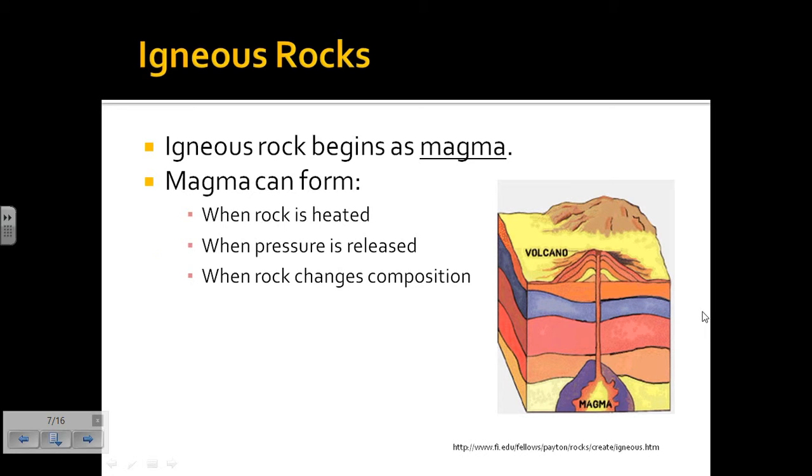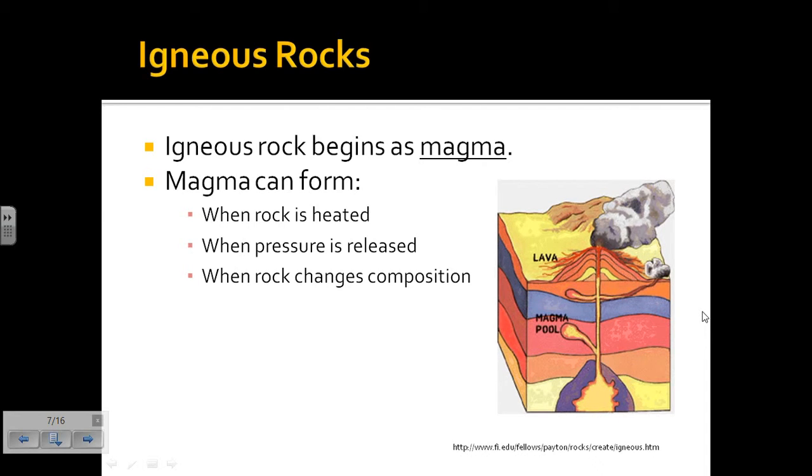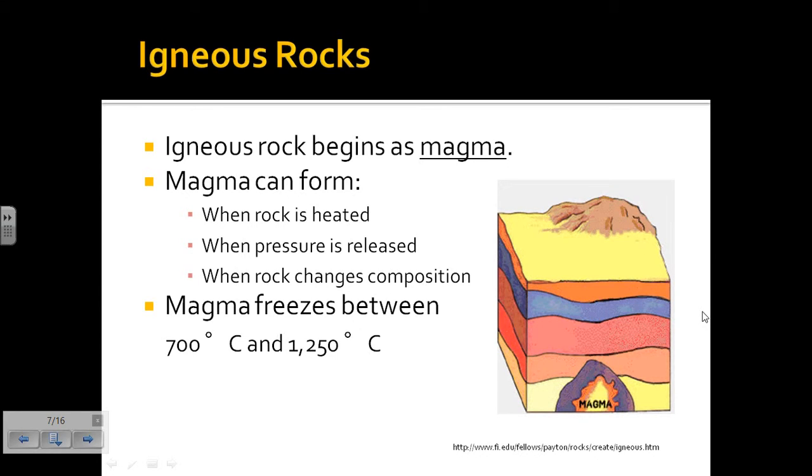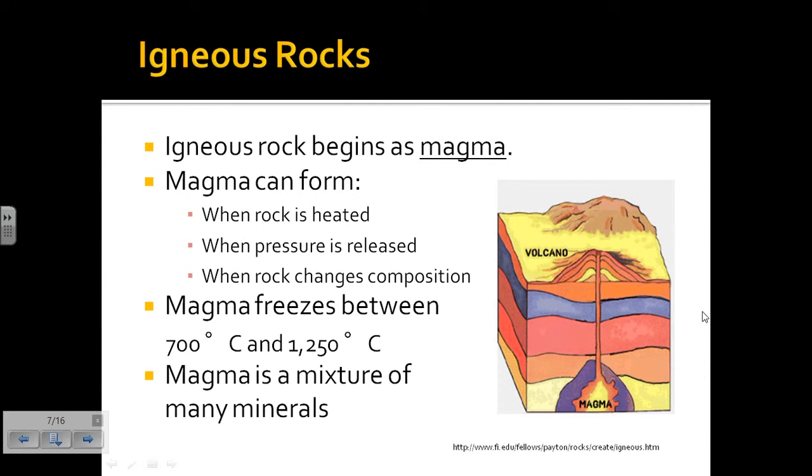This magma can form when rock is heated, when pressure is released, and when rock changes composition. Magma itself freezes between 700 degrees Celsius and 1,250 degrees Celsius. So that's pretty hot. Magma is a mixture of many types of minerals.